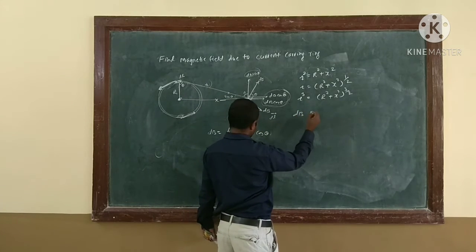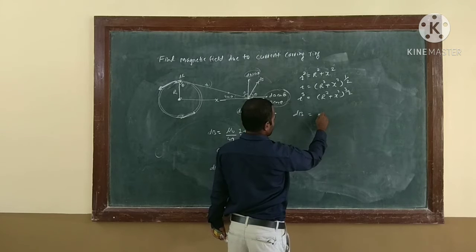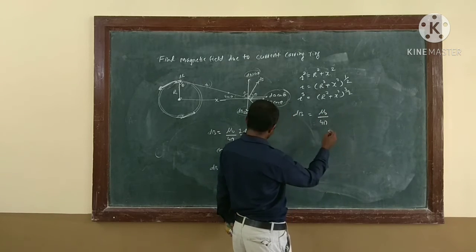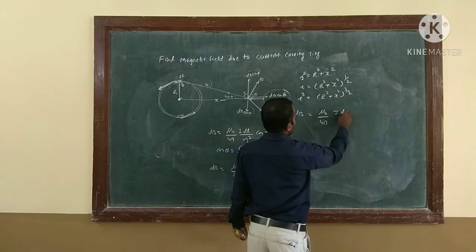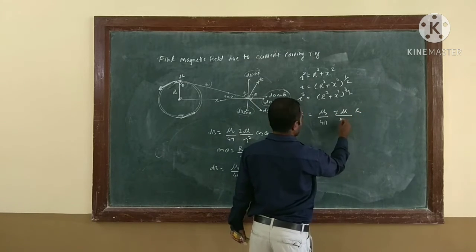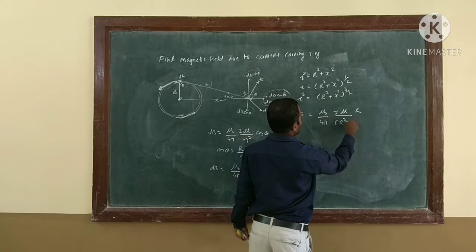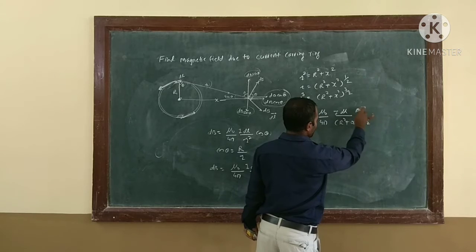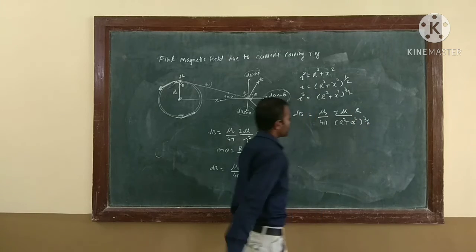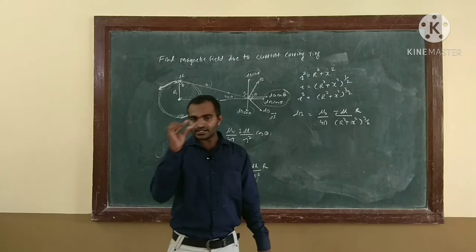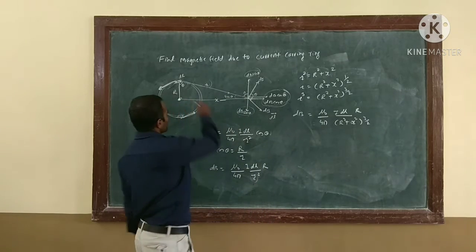So dB is equal to mu 0 upon 4 pi, I dl R, upon R square plus x square raised to 3 by 2. Now this magnetic field is due to only the smallest element, and we have the whole ring.